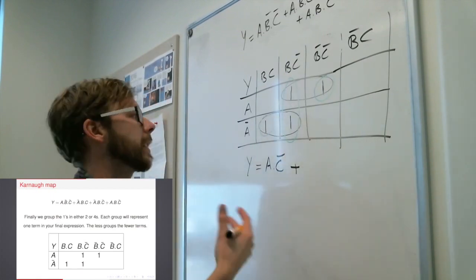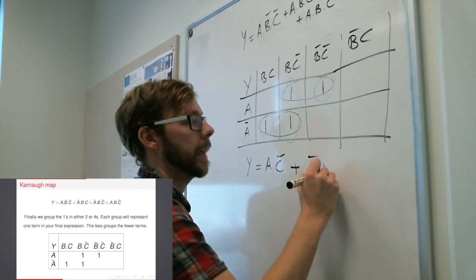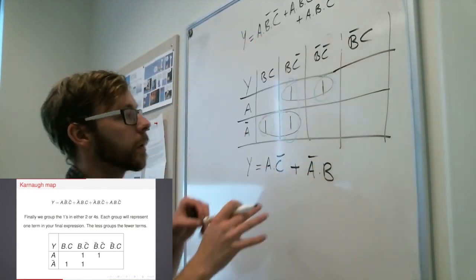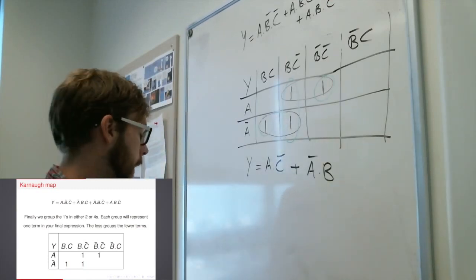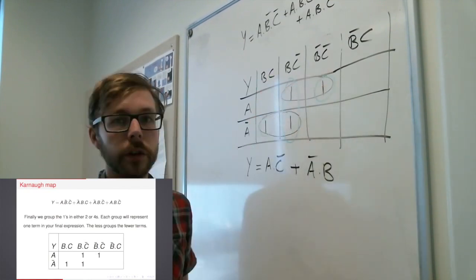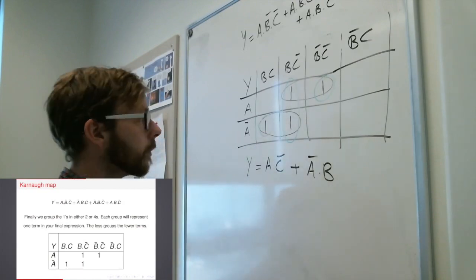Therefore, it's my C that doesn't matter. So I can write this in a simpler form as not A and B. And that's my final expression. That's it. So this is all simplified down here, and I can't simplify it further than that. That's one of the nice things about the Karnaugh map, that once I've grouped each term, I know there's no simpler way of writing it.